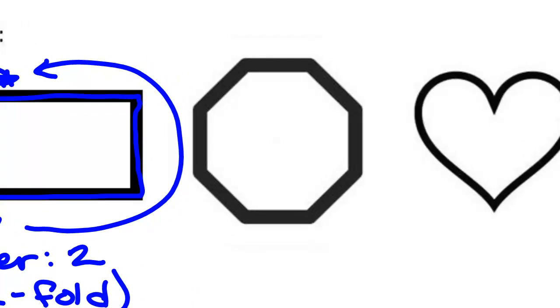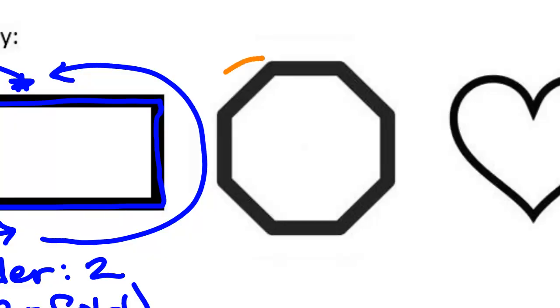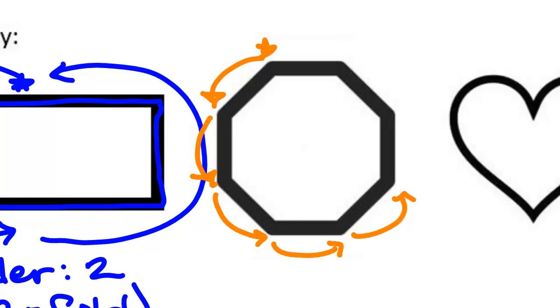What is this shape? Octagon. How many times do you think I can rotate that around and have it land on top of itself? 8 times, absolutely. We can go 1, 2, 3, 4, 5, 6, 7, and 8.